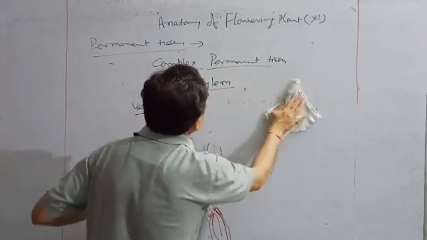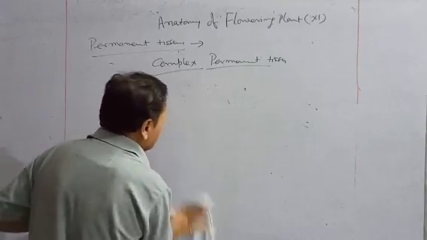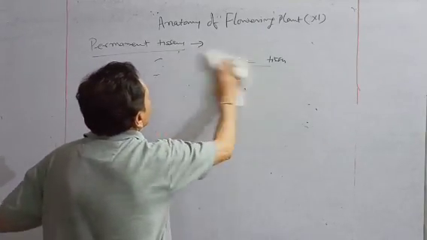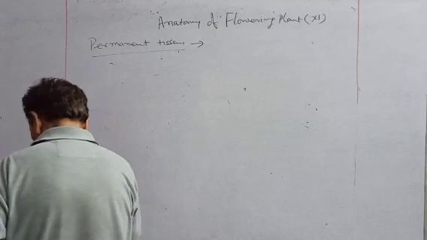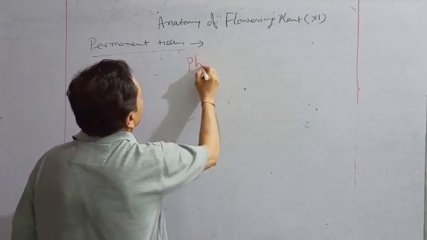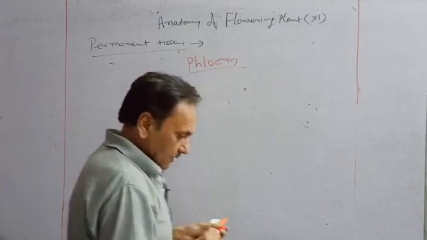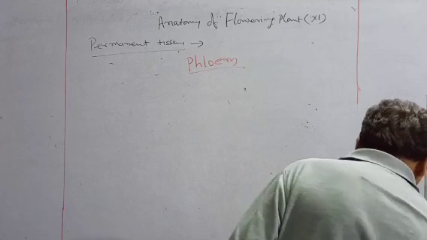Now come to the next permanent tissue, that is called phloem. Phloem is also a conducting tissue.